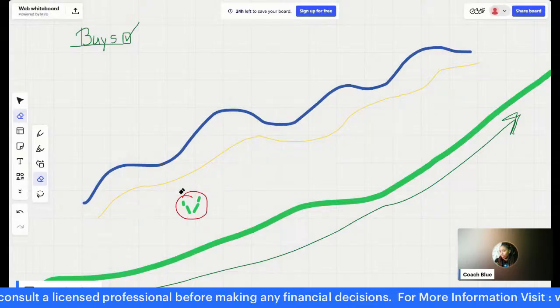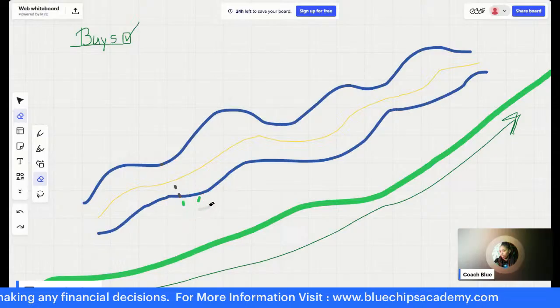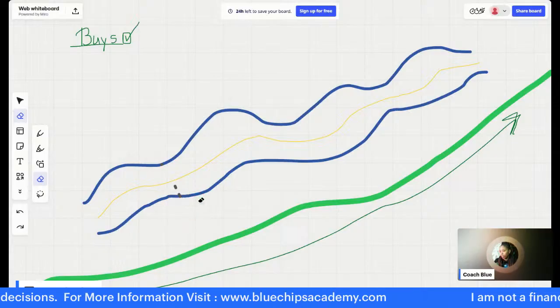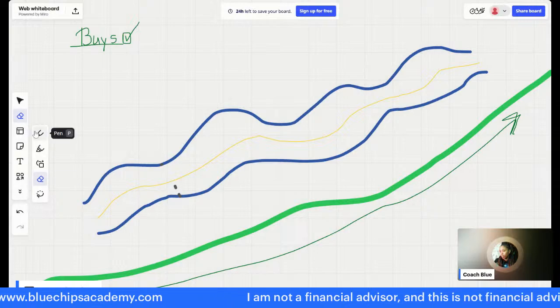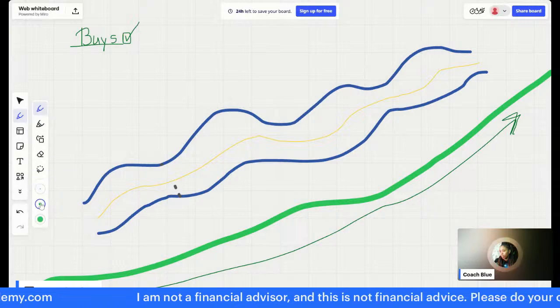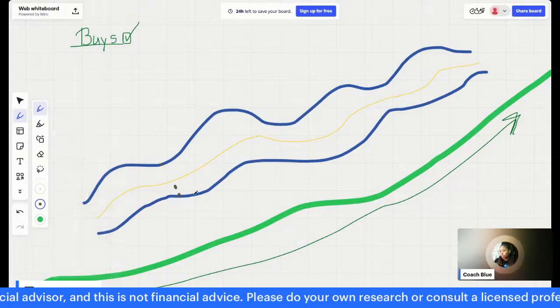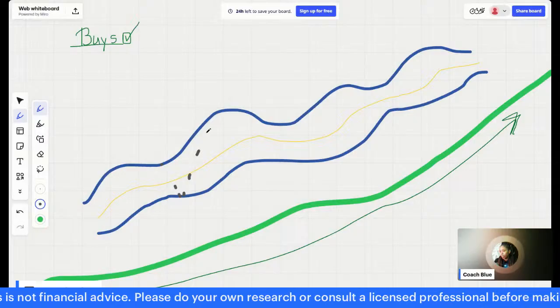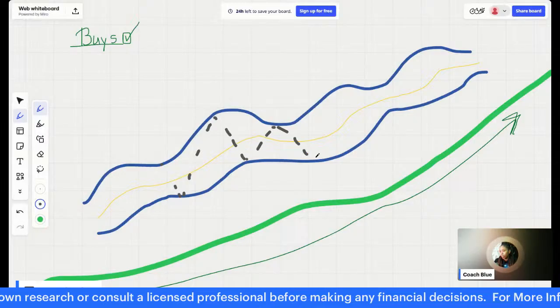Now that we have that, let me go back a little bit. We take it to the next swing. As price continues to move up, let me get my pen again. As price continues to move up, let's go back to gray. Let's say price goes up here, we move here, we move here, and it's just kind of staying within these channels here.